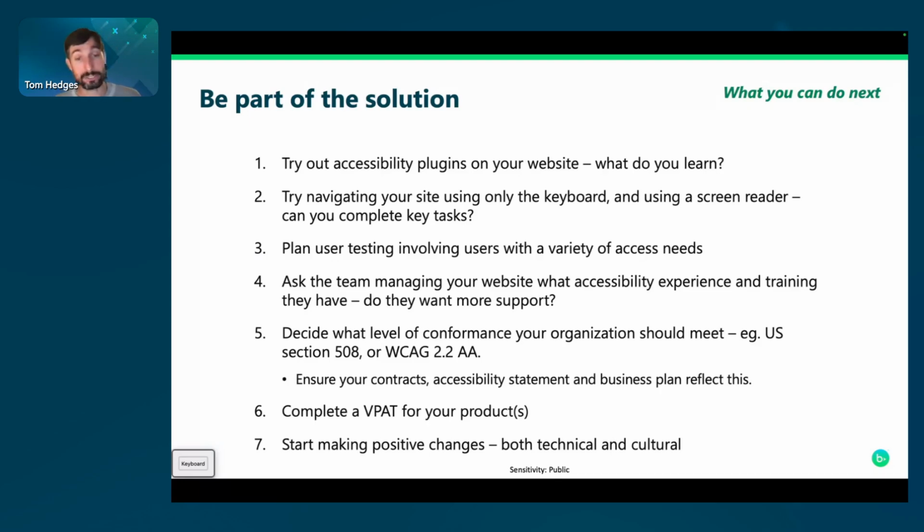You can complete a VPAT for your products or your site or parts of your site, and you may not get the level of conformance you want first time around, but you can update that each 6 months or each year and see how your conformance hopefully improves towards where you want to get to, and really just start making positive changes, both technical and cultural.